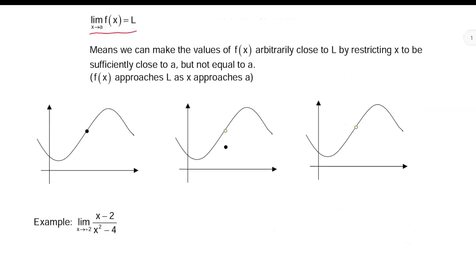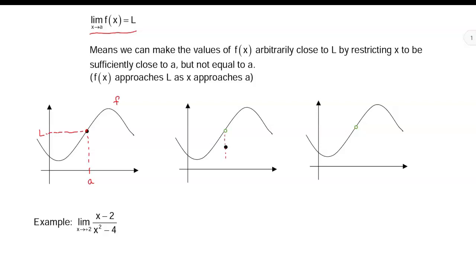In the three pictures provided, we have what we could call the function shown in different ways. And in the first situation here, we'll call this a. And a is the location of a point on the curve. And that is also the limit, because the function is approaching that value, capital L, on the curve as you get close to a.